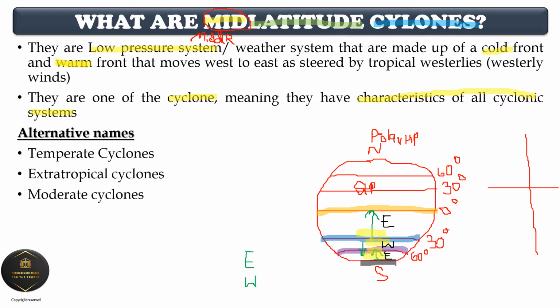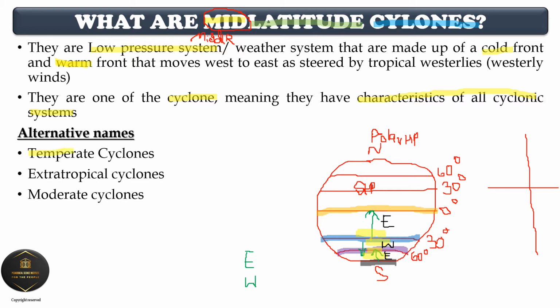Yeah. So now think about it in that way. If your parents gave you two names, you will be known by either your first name or your middle name. So we call these systems, basically their first name is a mid-latitude cyclone, because it's basically a geographical self-explanatory name. But they also have these alternative names.